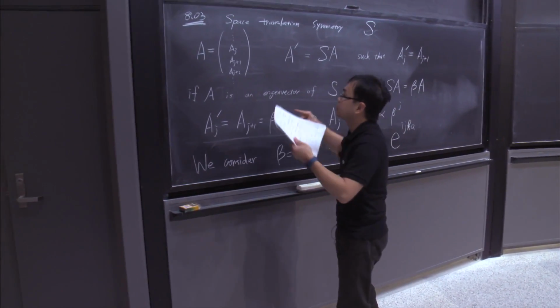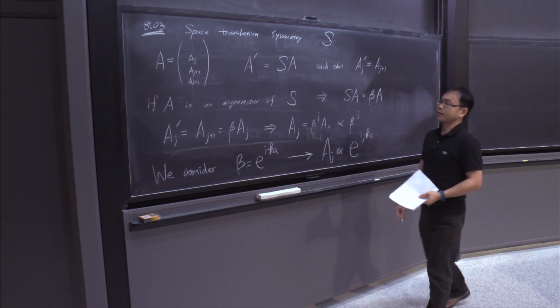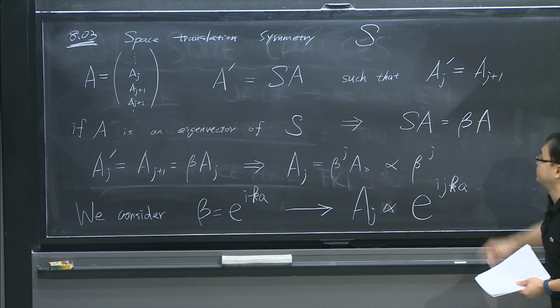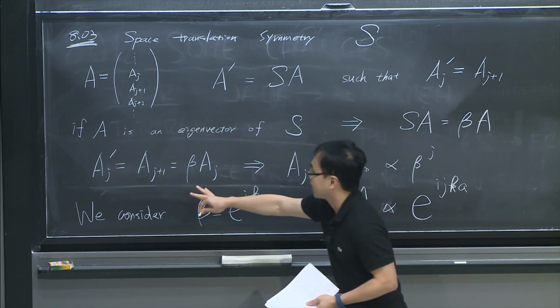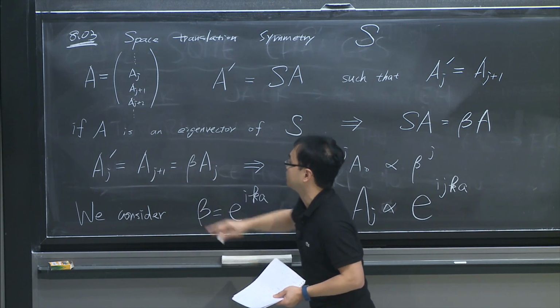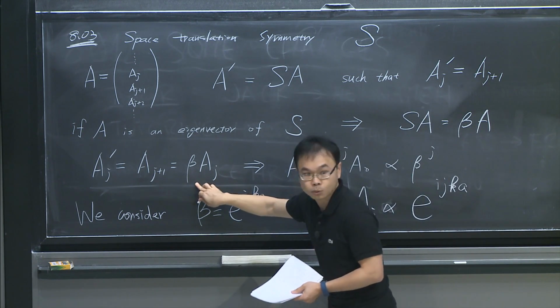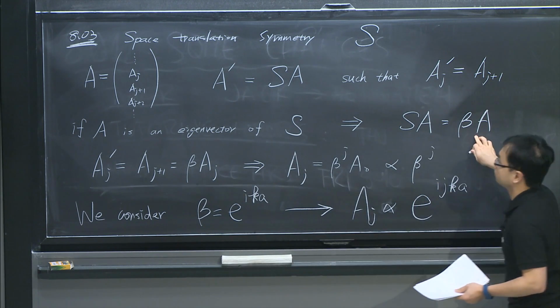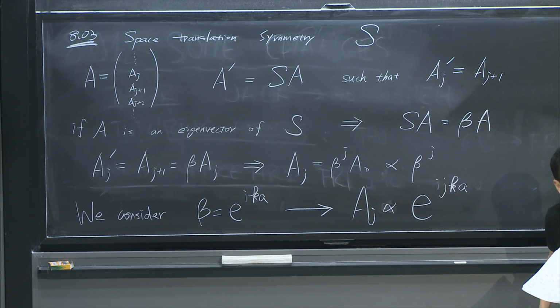We were talking about the eigenvector of the S matrix. For example, if A is an eigenvector of the S matrix, then we have the relation S A equals beta A, so beta is the eigenvalue of the S matrix. As we discussed last time, A_j prime will be equal to A_{j+1} based on the definition of the S matrix, and that is going to be equal to beta times A_j, because we assume that the A vector is an eigenvector of the S matrix.